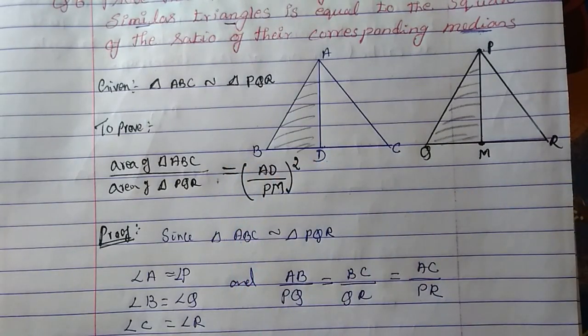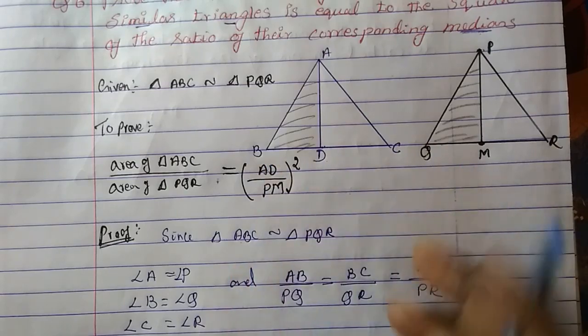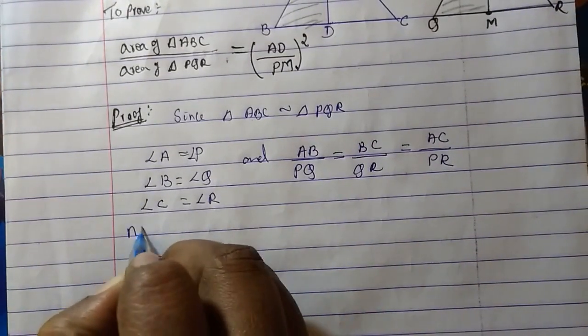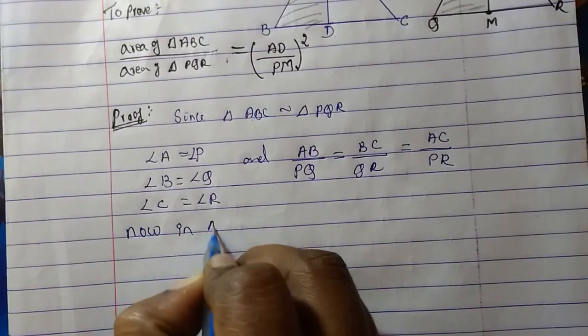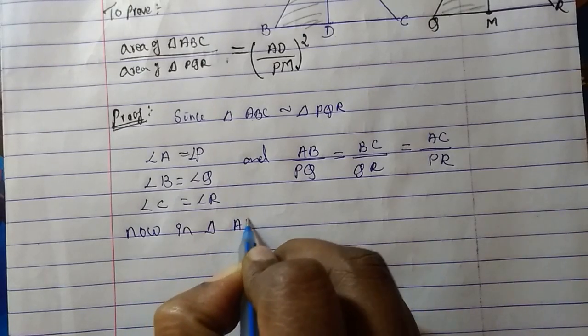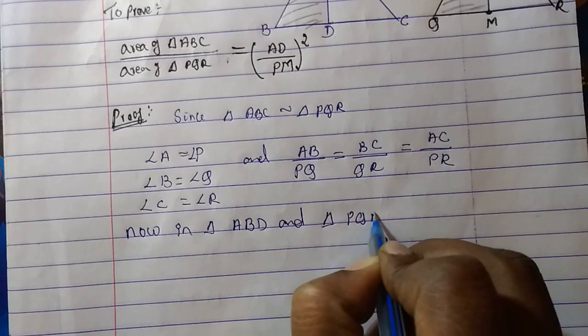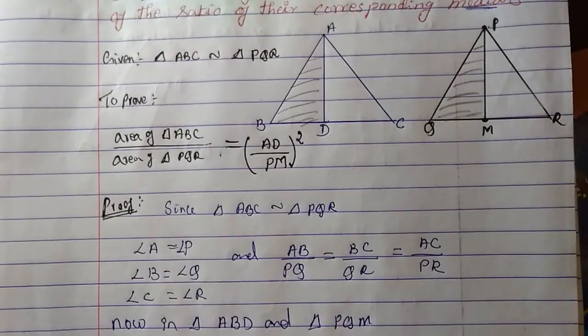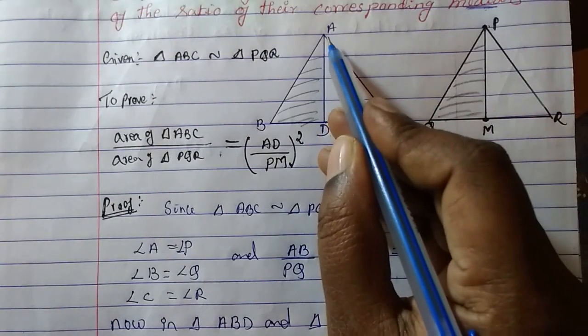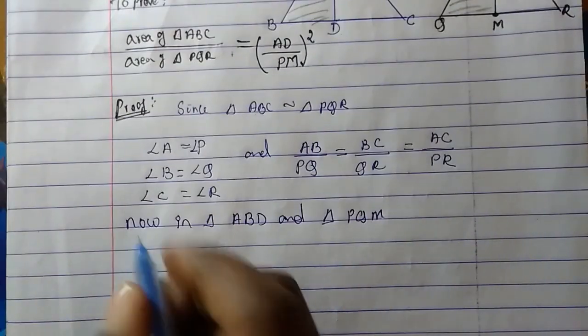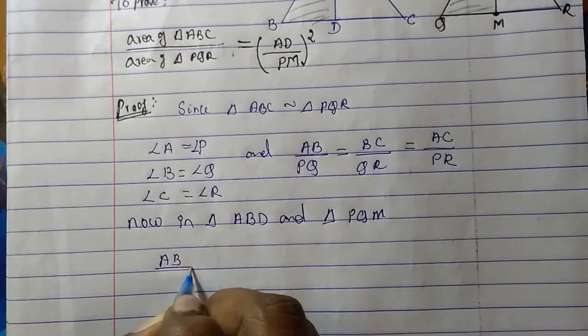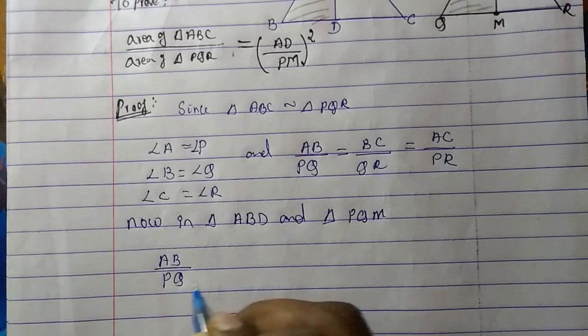Okay, so let's take these two triangles now. Now in triangle ABD and triangle PQM, we can take this AB, one side of it, AB upon PQ.